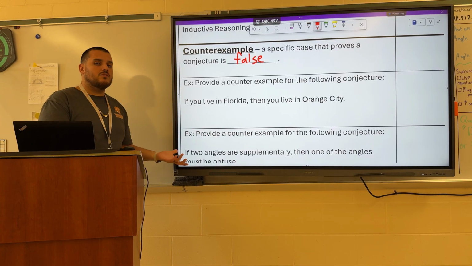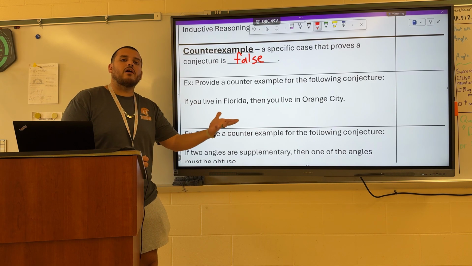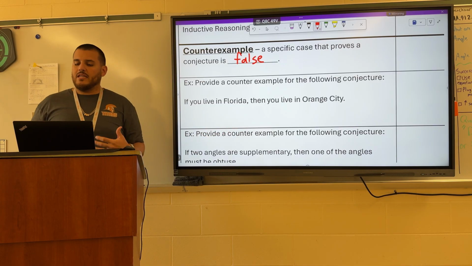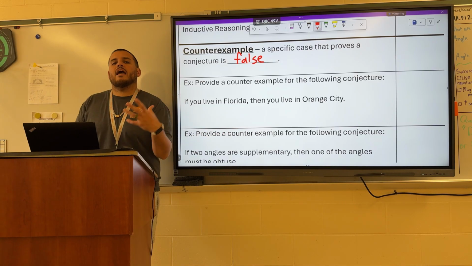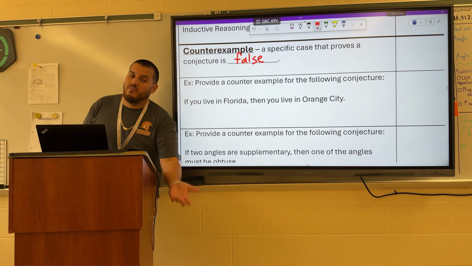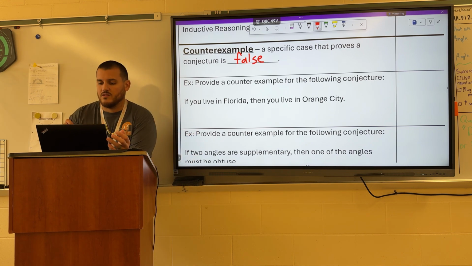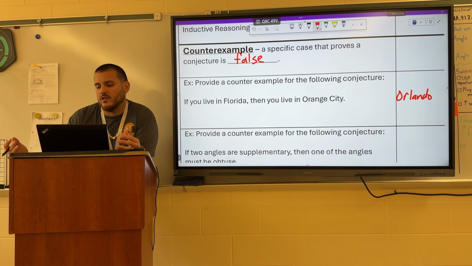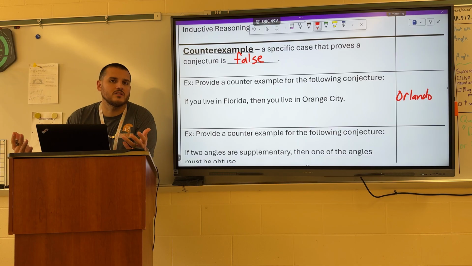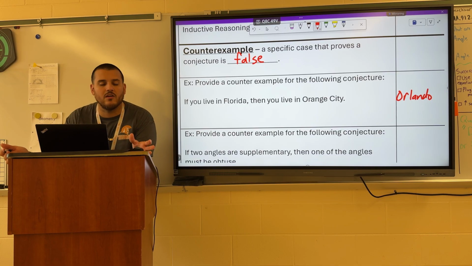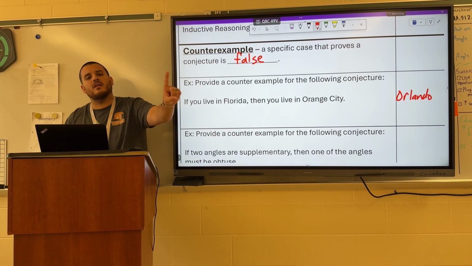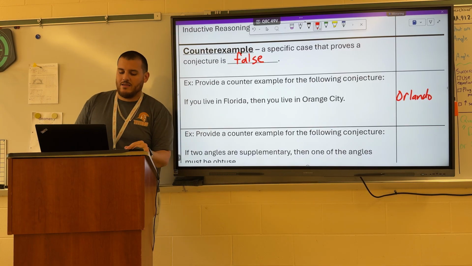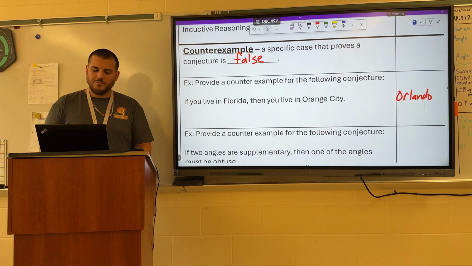This is not a true statement because there are plenty of other cities that you can live in and still be living in Florida. So the counterexample would just be providing an example that makes this false. For example, you could live in Orlando instead of Orange City. You could live in Miami or Tampa or Jacksonville or Tallahassee or any other city, right? So the counterexample is just one thing that proves a statement is false.